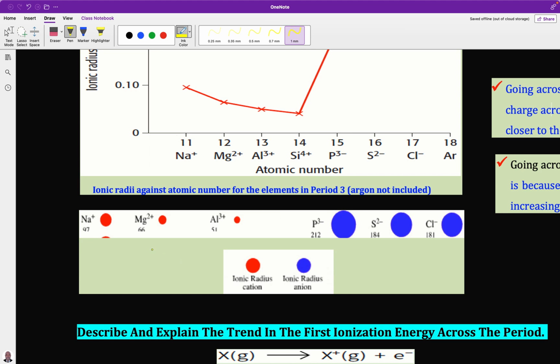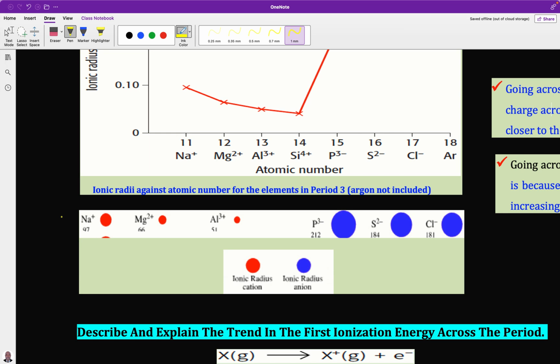One reason for the decrease is that they have lost their outer shell of electrons, that is, the electrons in the third principal quantum shell have been lost. Secondly, there is less shielding of the outer electrons in the cation compared to the original atoms.